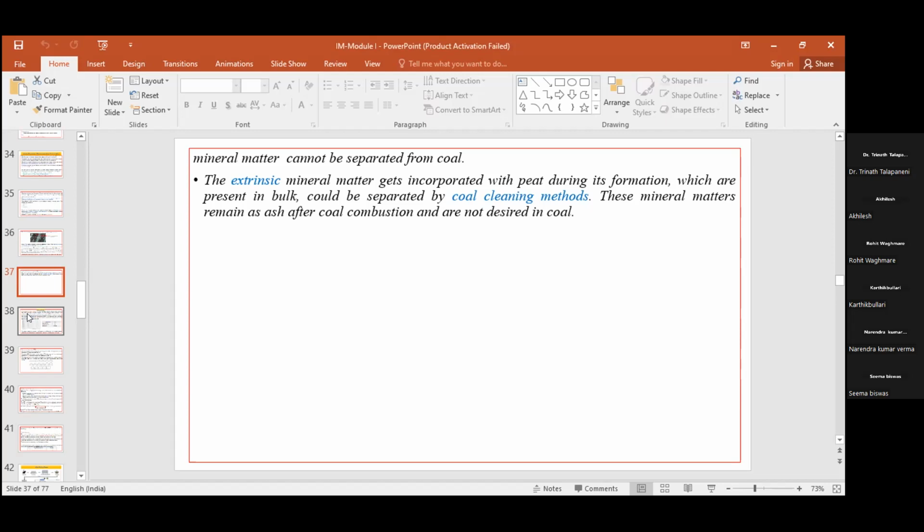All the coals will undergo some chemical changes, but only metallurgical coals, along with the chemical changes, also undergo some physical changes. So we need to check whether the coals have this behavior or not.